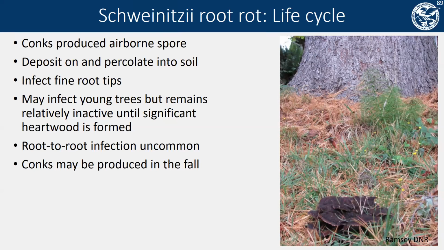Now, this pathogen can survive in the stumps and the roots that are rotting for a long period of time. But since root-to-root infection or roots growing into that decaying material is not really a common source of infection, it's not really significant in the disease life cycle, except for the fact that there may be conks produced from that part of the fungus.